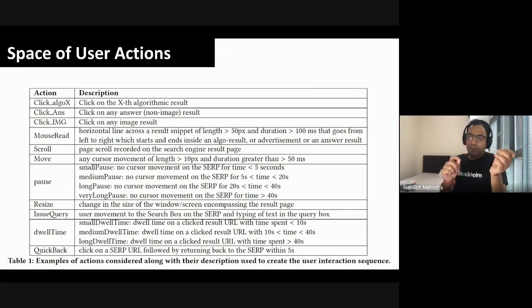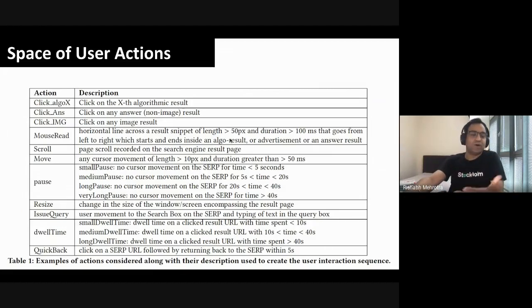So often what people do is move their mouse cursor while they're reading the text. This is something which we can capture. We know the x, comma y, comma t of the cursor movement, and if I'm able to look at these over a period of time and say that a mouse read happened, then I can understand that the user actually read the snippet. And maybe this is where the user got the answer.